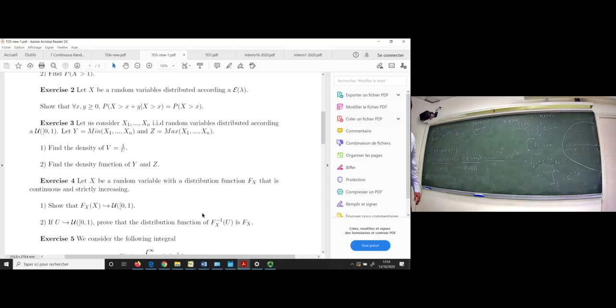The first question is typically exactly what I have done in the case of the exponential and the square.